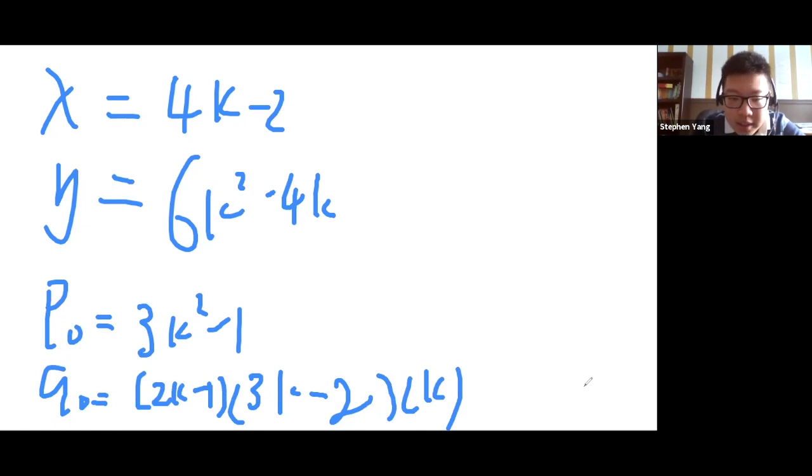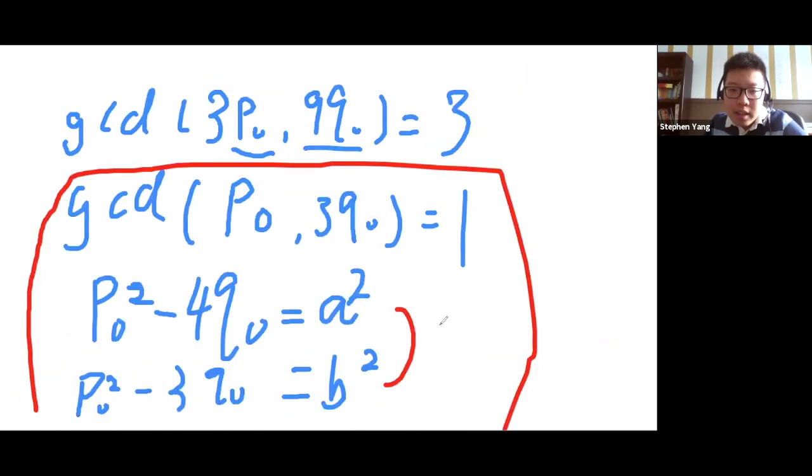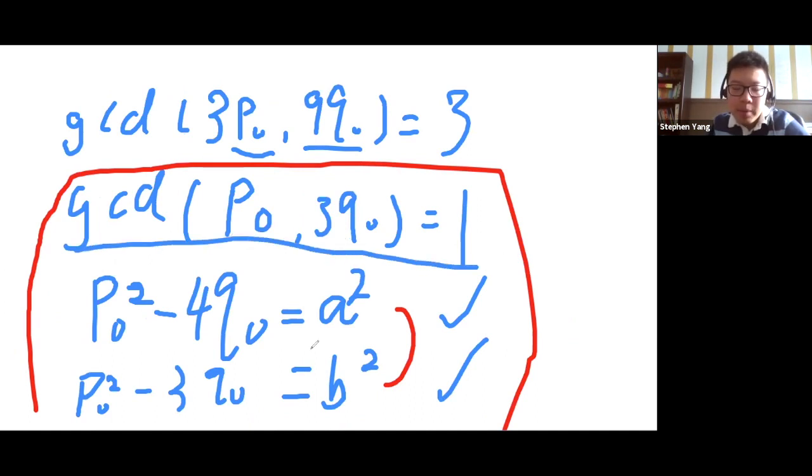And this satisfies these two. Now, there is only one condition left. If this pair of solutions satisfies this, then this solution is valid, which means we're done.